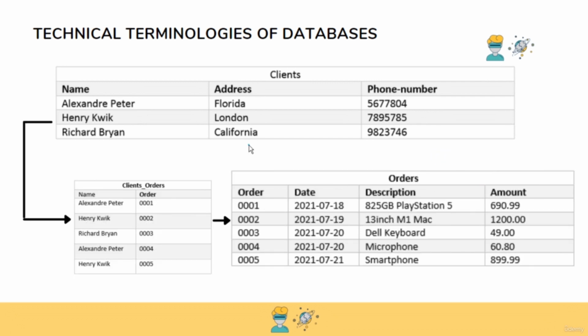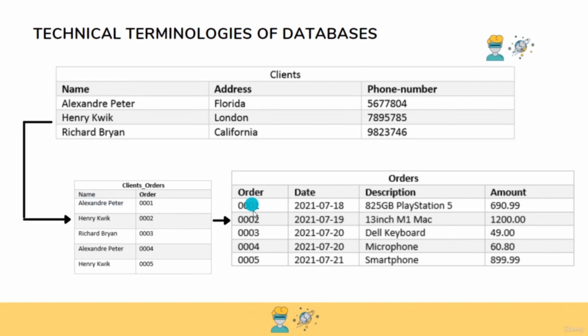So that's the idea. We have this third design where we have a link table here called clients orders. A link table is often used to link data between two tables. In this case, we're linking the data between clients and orders. In this implementation, when a new record in the orders table is stored, a new record in the clients orders table is also stored to link the order with the customer name.